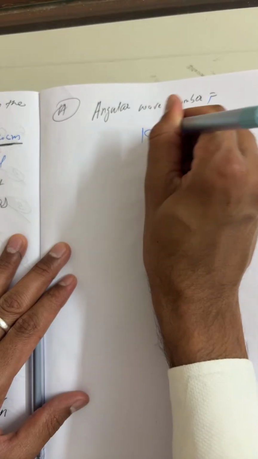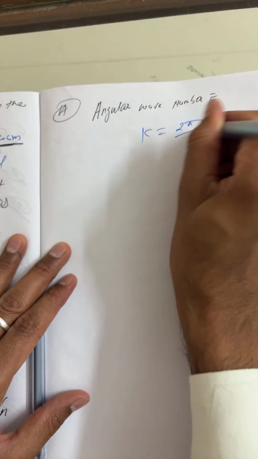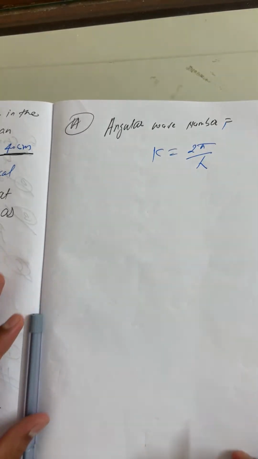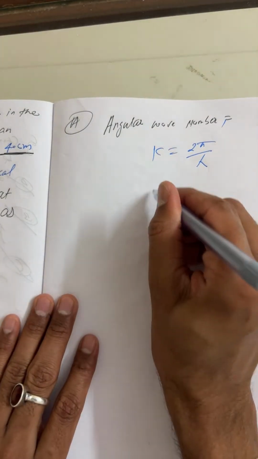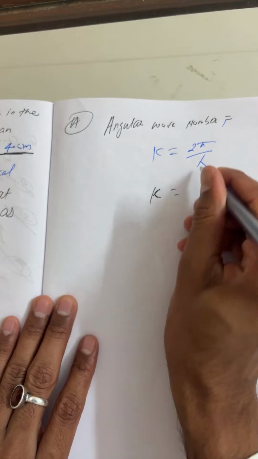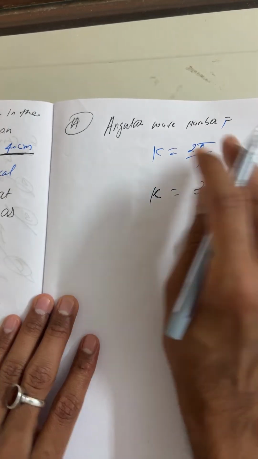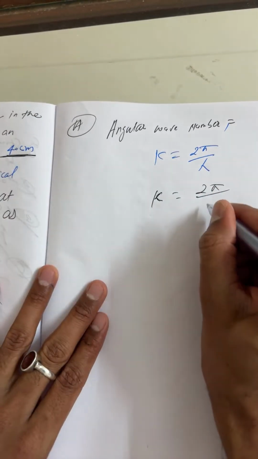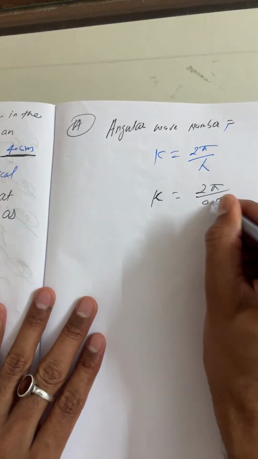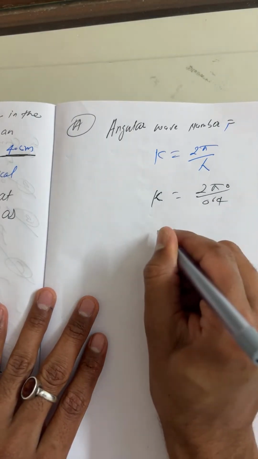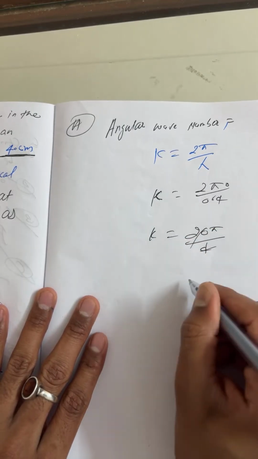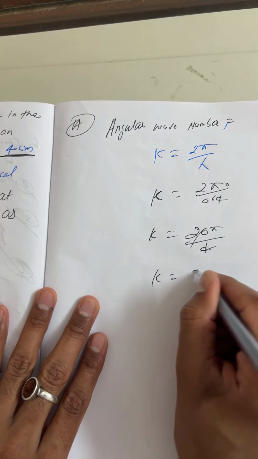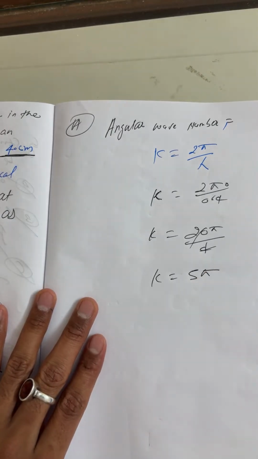Beta, we have a choice. You can write k equals 2 pi by lambda. You can also write omega by v. Both are correct. So k, the angular wave number, is 2 pi over the wavelength, which is 0.4. Since it is a decimal, k equals 20 pi by 4, so k is 5 pi.